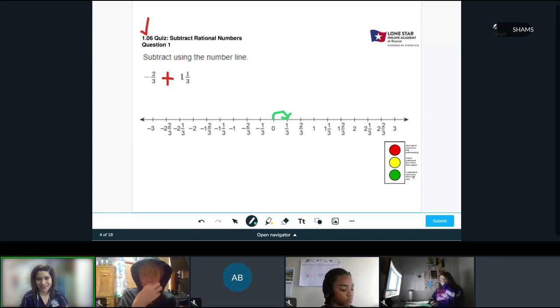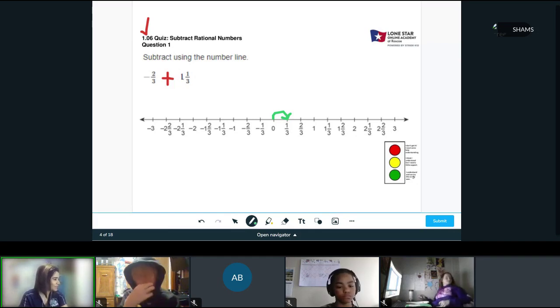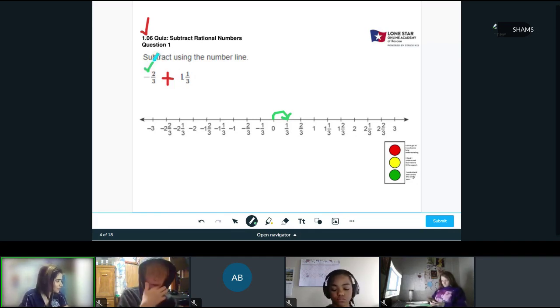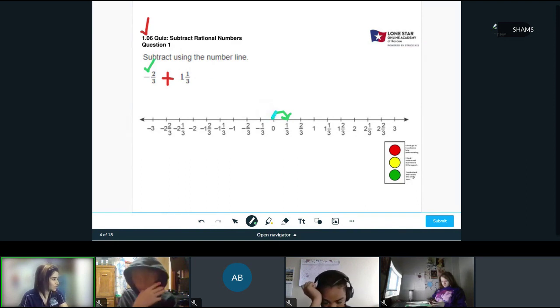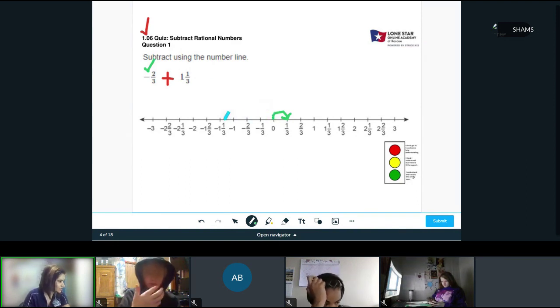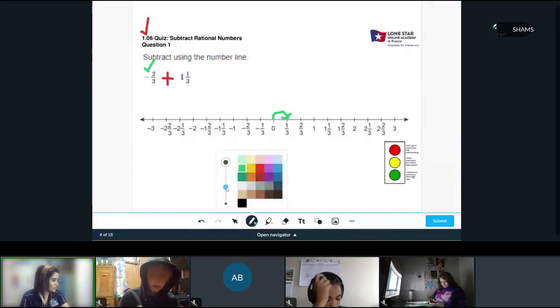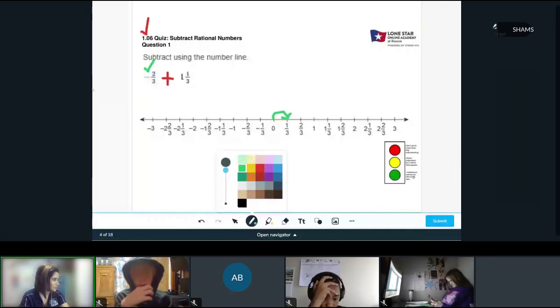Lily, good. One jump represents 1/3. We want to start with -2/3. -2/3 is towards the left of the 0. So go ahead, put a dot by -2/3. So we know where the -2/3 is. We want to start from -2/3.